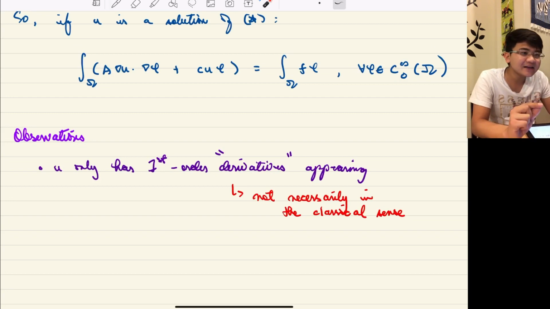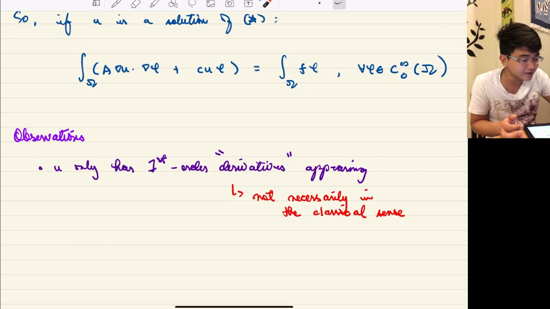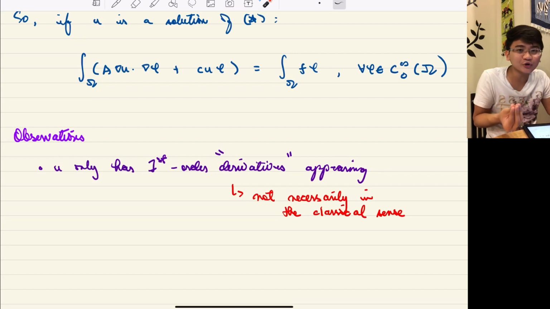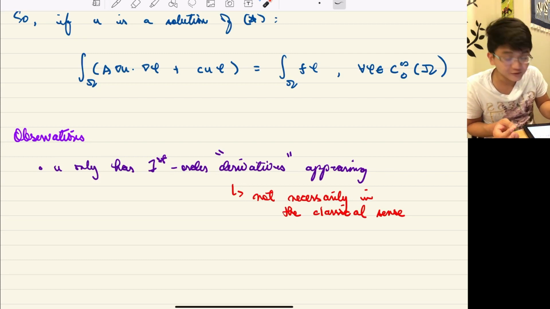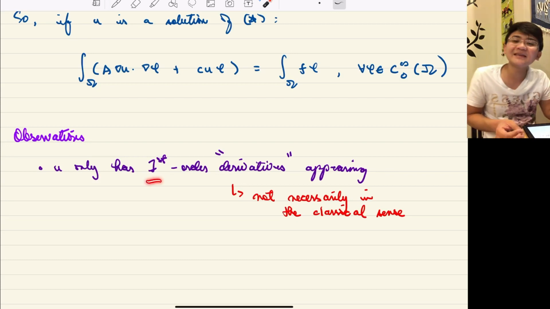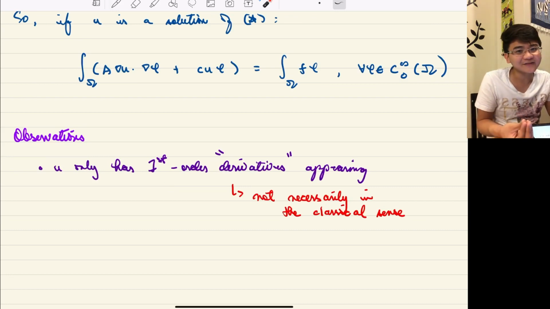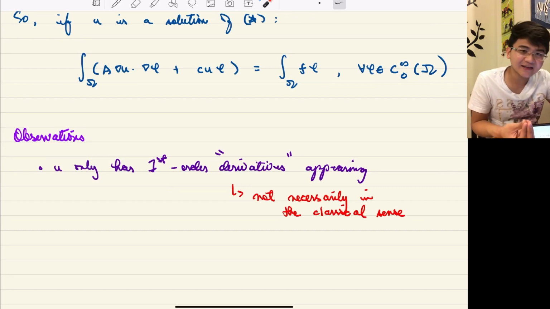What do I need for u to be in order for this equation to make sense? And this can make sense even if u doesn't have second order derivatives, because, as we've noted, u only needs to have first order derivatives. So you don't see any second order derivatives appearing here.